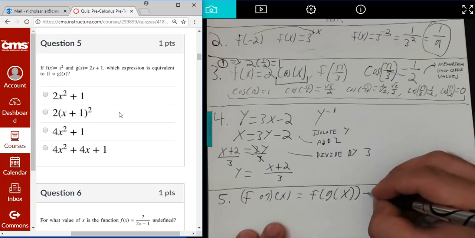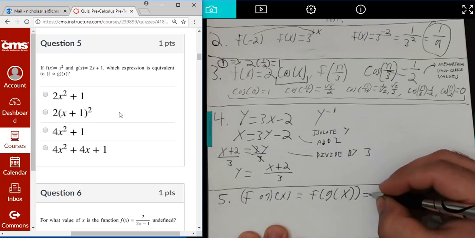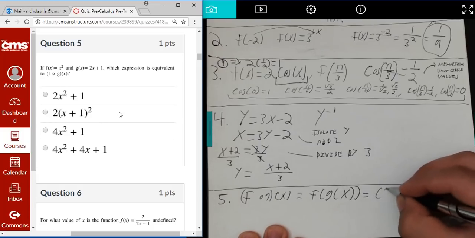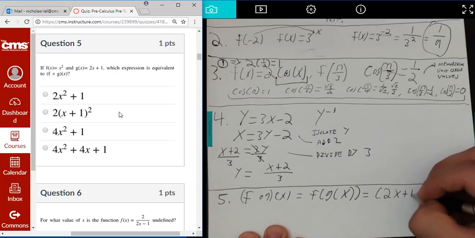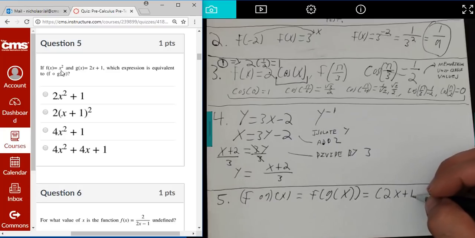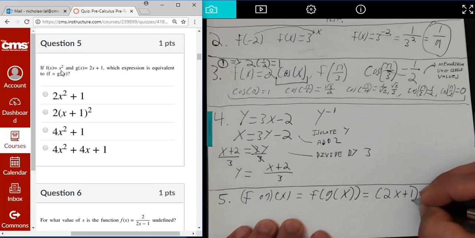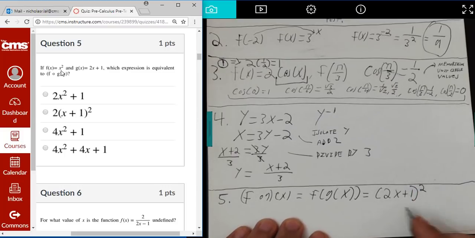So f of g of x is going to be equal to 2x plus 1, because that's the internal function right there, and we're squaring it. So we have 2x plus 1 squared.